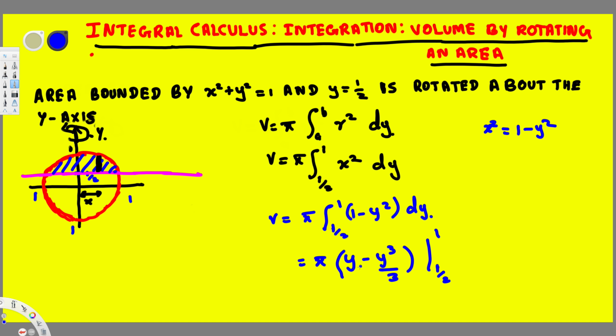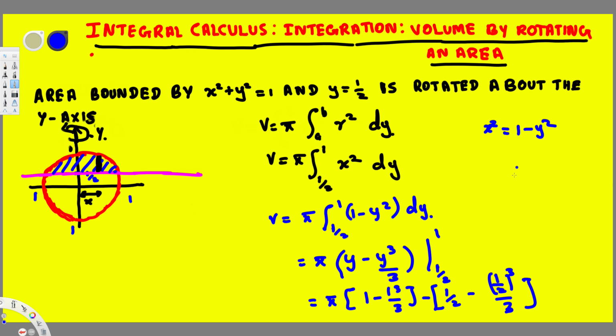If you plug in 1, this is just 1 minus 1 cubed divided by 3, minus, then if you plug in 1/2, this is just 1/2 minus (1/2) cubed divided by 3.